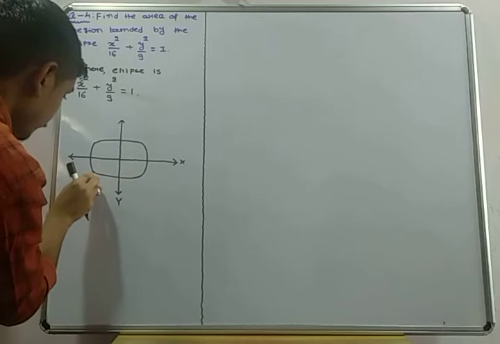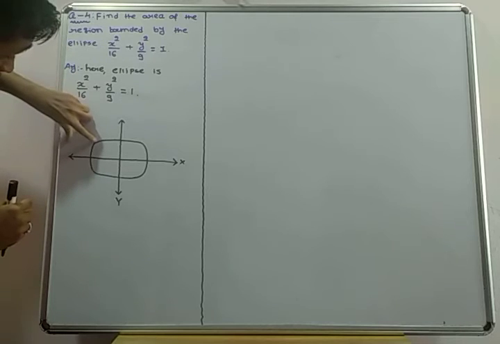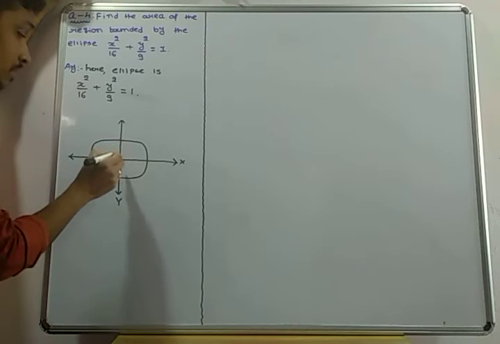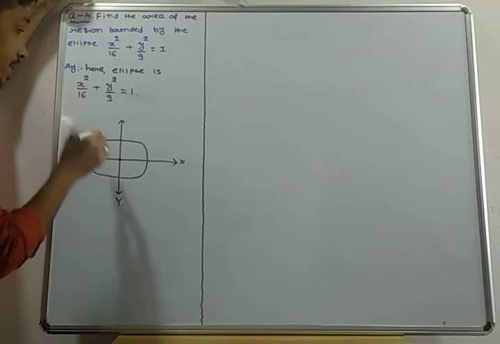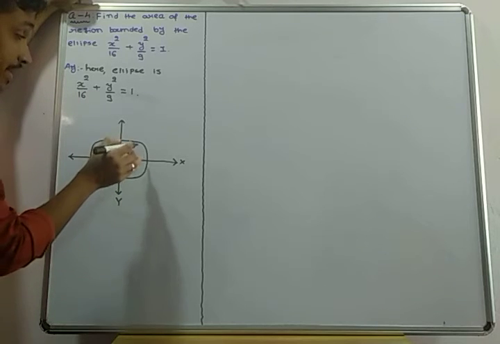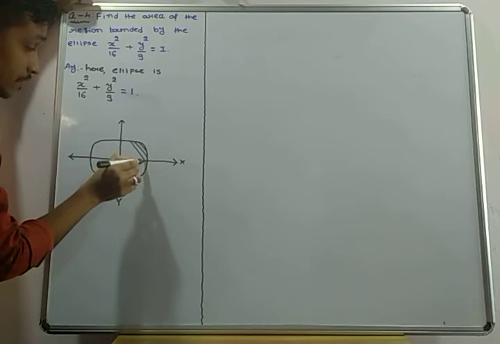Okay, so this is our ellipse. Same, a equal to 4 and b equal to 3. This is origin O, and the area enclosed by the ellipse is the full part.